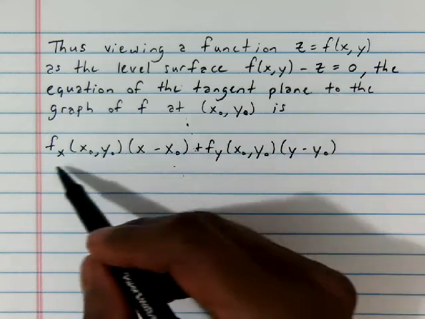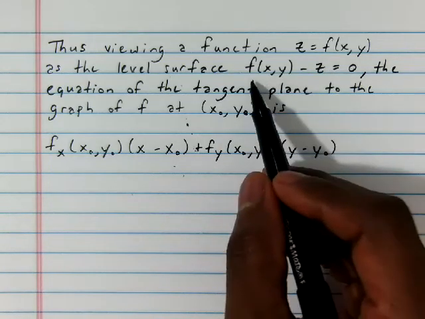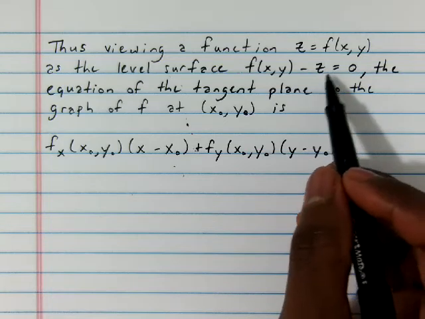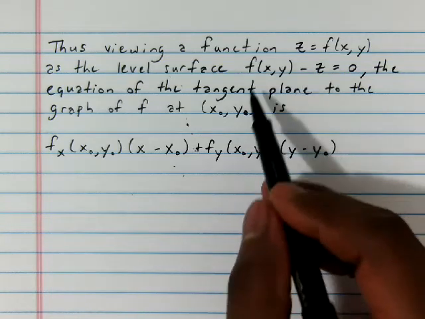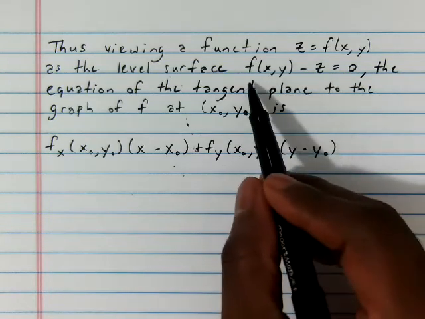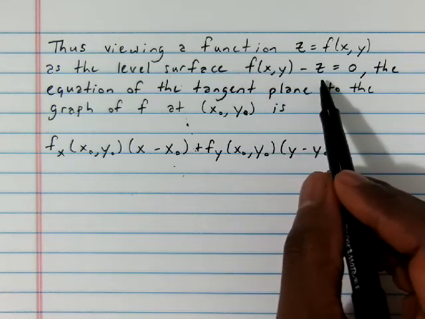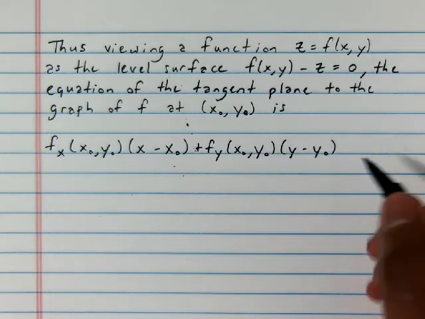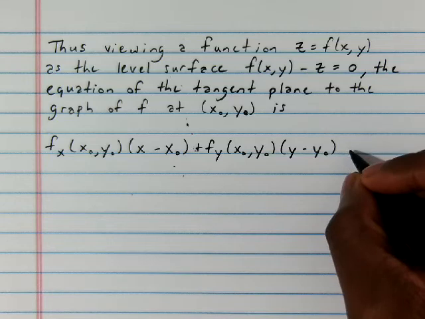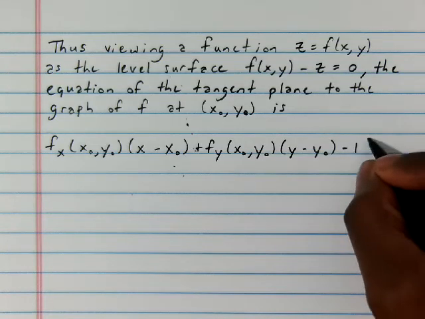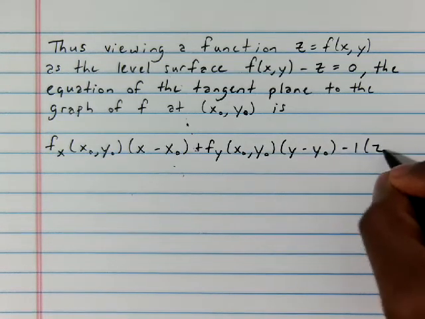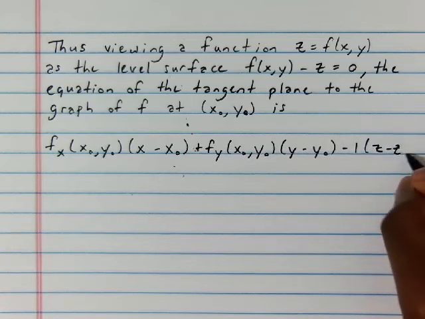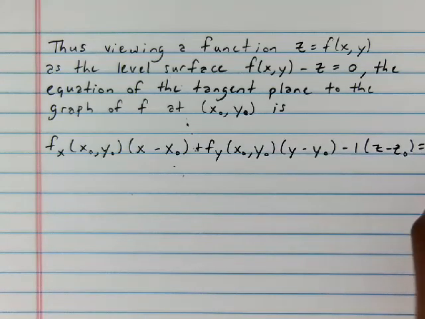So it just boils down to being this. The partial of this entire thing with respect to y, that still boils down to being 0. So it just turns out to be this. Now the partial of this entire thing with respect to z is just -1. So that last term is going to be -1 times z minus z naught, and then that equals 0.